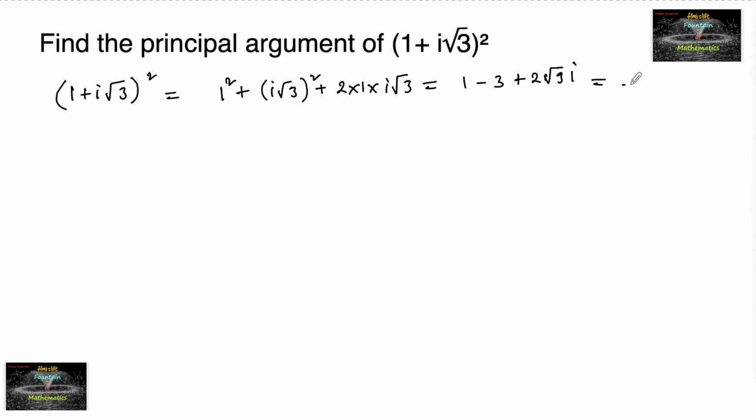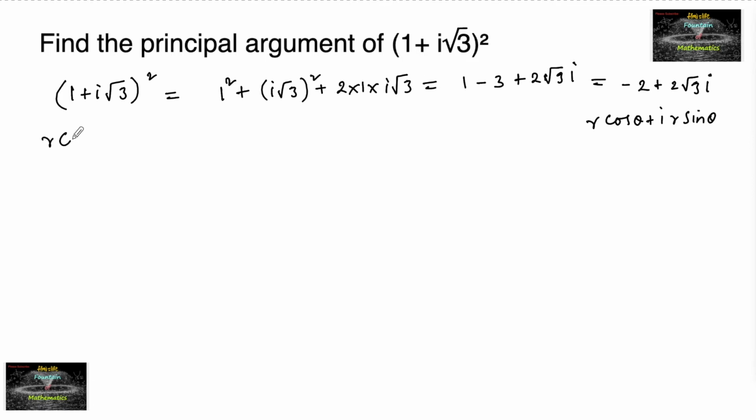So which is equal to -2 plus 2√3 i. Let us write in polar form, that is r cos theta plus i r sin theta.